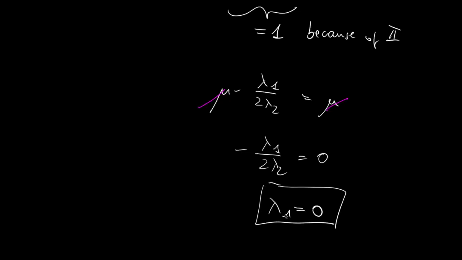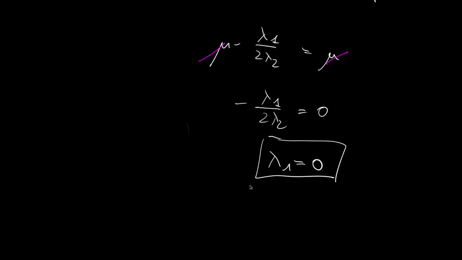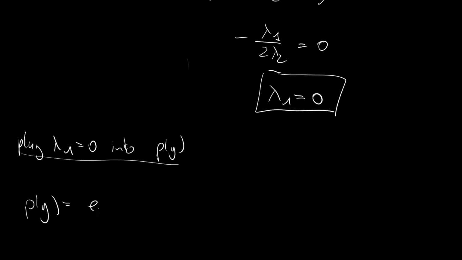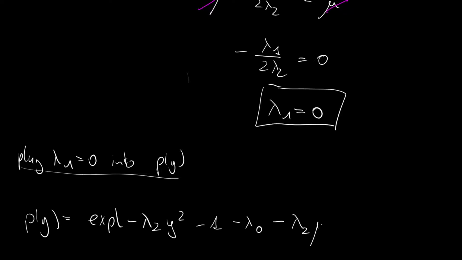So we found lambda 1 to be 0. Well, then we can plug this into our p of y. So plug lambda 1 is 0 into p of y, and then p of y was nothing else than the exponential of minus lambda 2 y squared minus 1 minus lambda 0 minus lambda 2 mu squared plus lambda 2 times in brackets lambda 1 over 2 lambda 2 minus mu in brackets squared, closing brackets for the exponential.